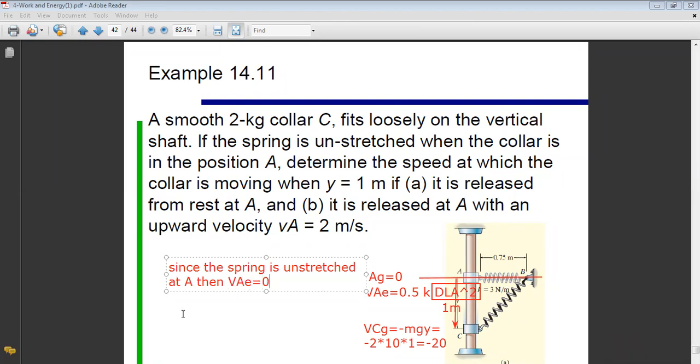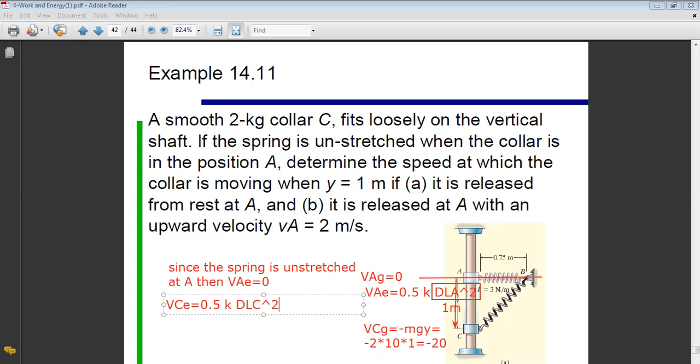Now we still need to find the elastic potential at C to complete all the unknown terms, and we will then only have VC as unknown in the conservation of mechanical energy. So the last term that we need to compute is V elastic at C. By definition the elastic potential energy is half K times delta L at point C squared.